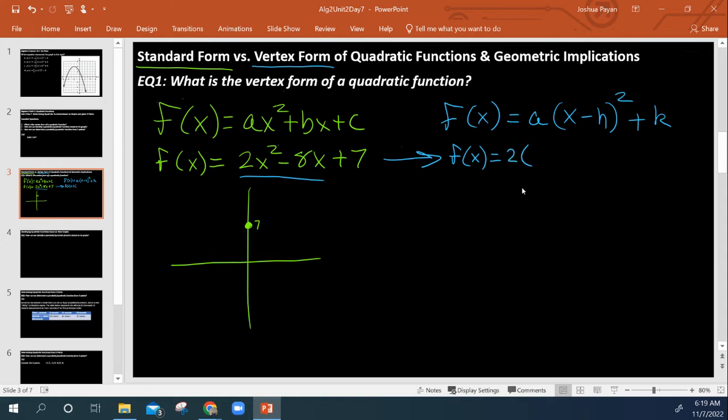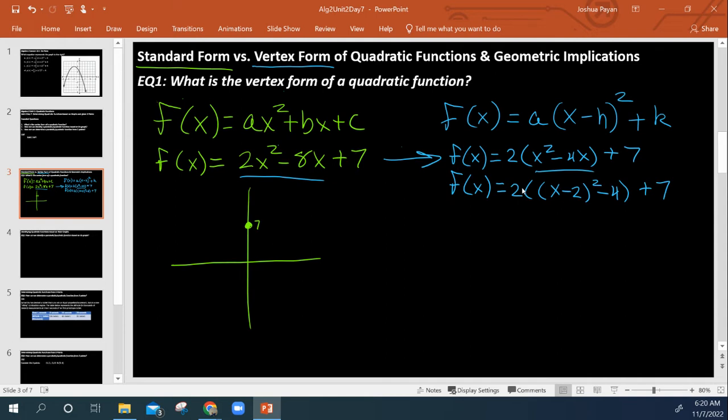So 2, and then I'm left with x squared minus 4x, and that plus 7 is still sitting out to the side. Then of course we're going to complete the square with what's left inside. So we now have f of x is equal to 2 times x minus 2 all squared minus 4, and then we still have the plus 7 there.